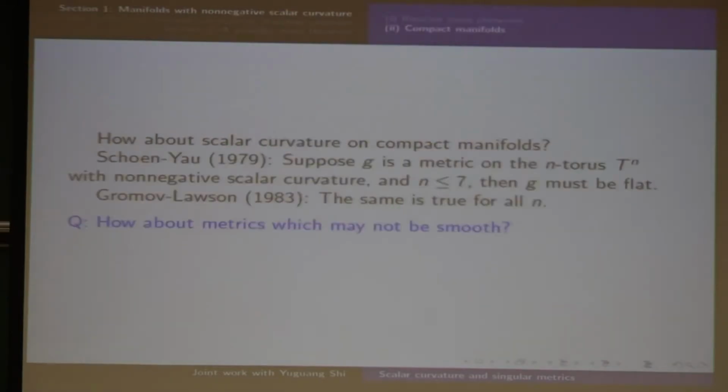For example, if we have a certain kind of metric on the torus, and the metric may not be smooth, but the scalar curvature is still non-negative, can we say that g is flat? Well, we would like to discuss another problem. When we solve the other problem, then we can solve this. The method.